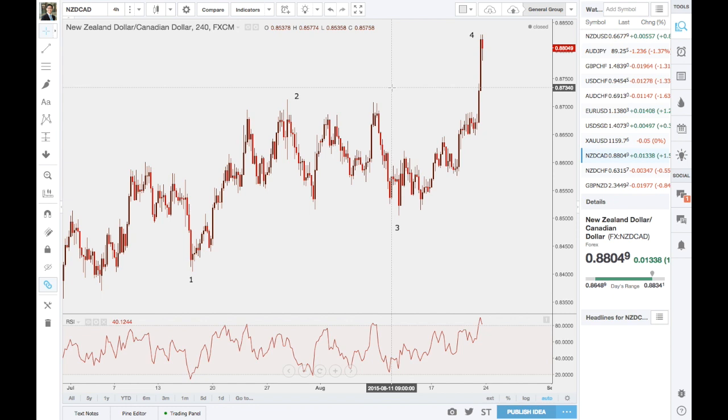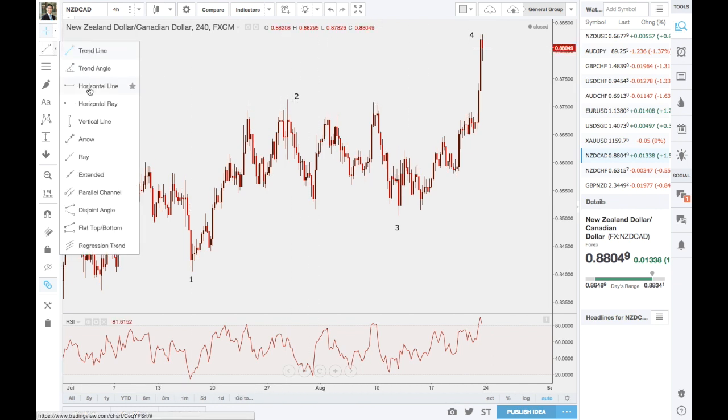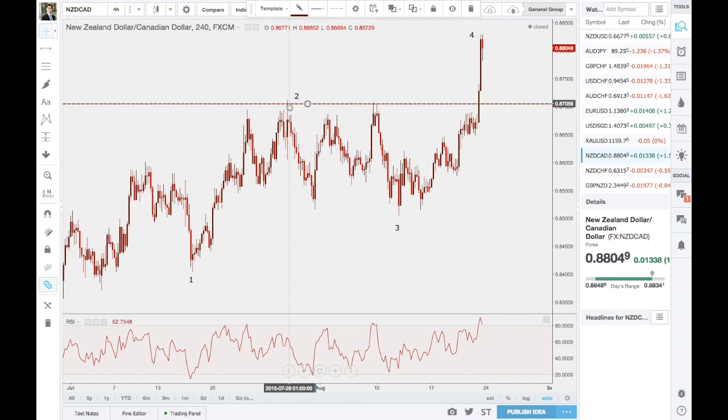But we won't be buying at point 4, because what we expect with a high chance and probability is that price will naturally retrace back towards your previous structure, in this case the point 2 level. Let me drop a horizontal line. In this area we believe there is a high probability that price will retrace towards this level and continue its predominant trend, which in this case is an uptrend.